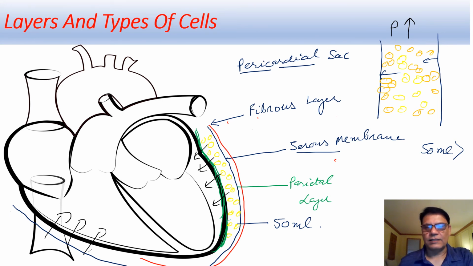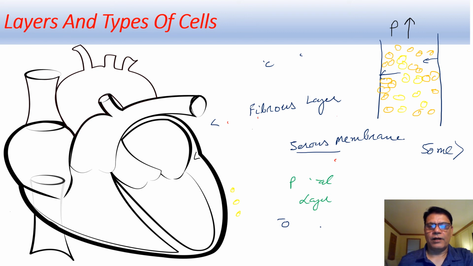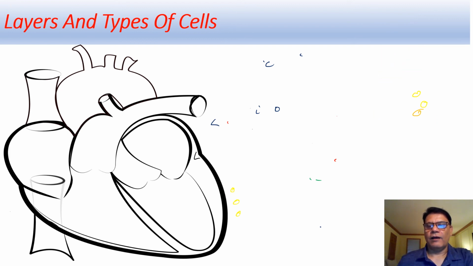And we will discuss in further lectures in what condition this cardiac tamponade occurs, and what is the difference between massive pleural effusion and the role of pericardial effusion. And by the way, this pericardial fluid acts as a lubricant and helps the heart to avoid friction.